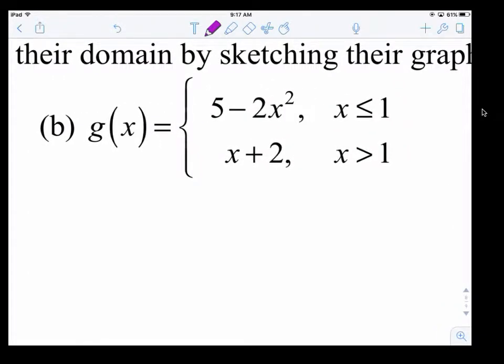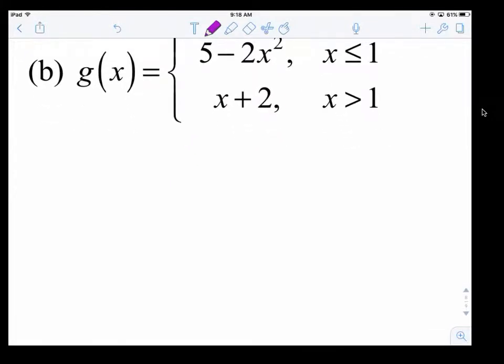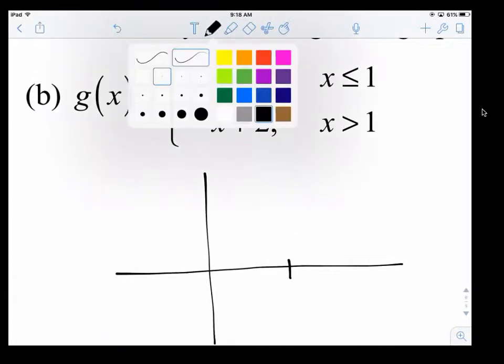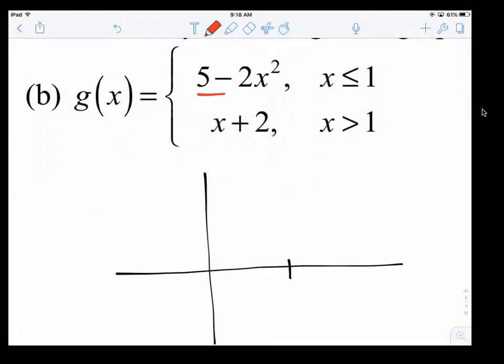All right, letter B, you have a piecewise. So the easiest way to do this would be to, again, sketch the graph. All right, so if you plug in 1 into the function from the left, what are you going to get?